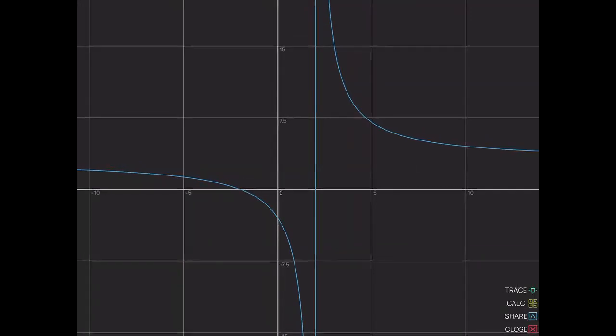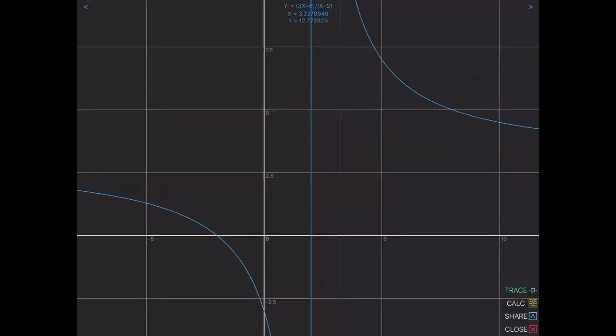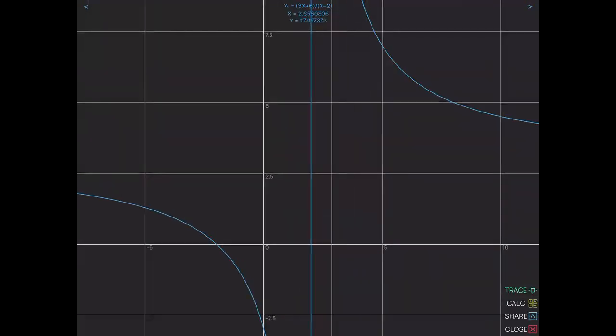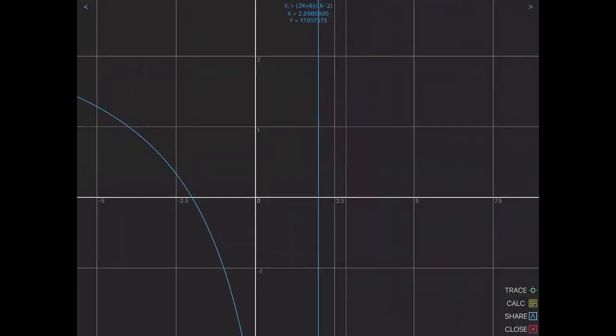So here we go. Notice this blue line in the middle, that's representing that jump along the x-axis. In other words, that blue line in the middle is our vertical asymptote at x equals 2. Let's see if we can get the units a bit more. Just trying to see if I can get those values now.